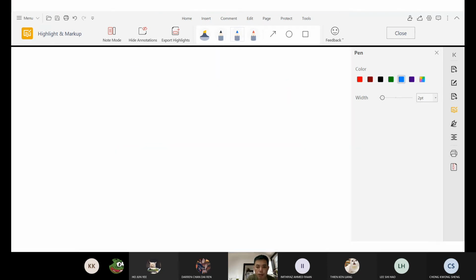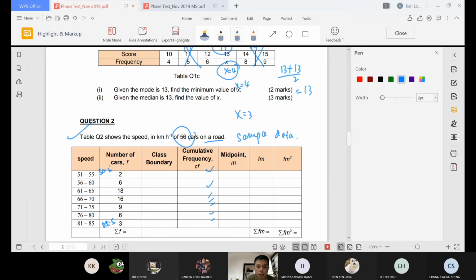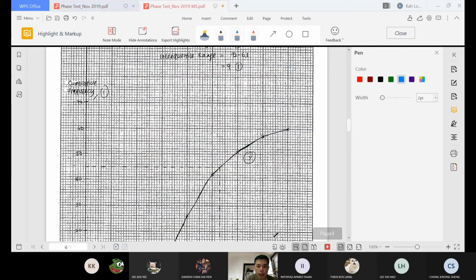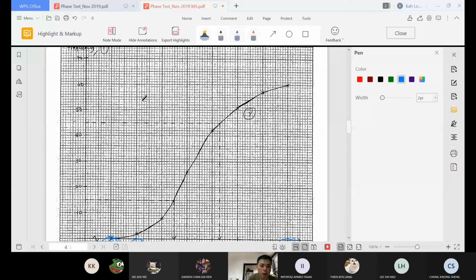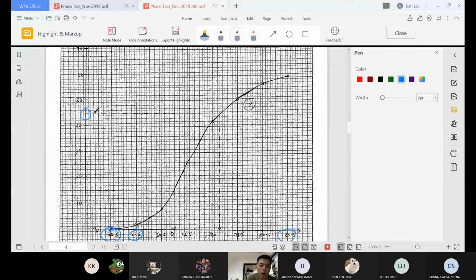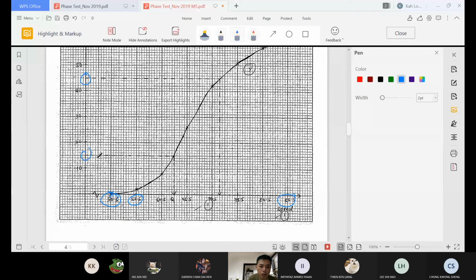I think for this question, it's not difficult. You can actually score full marks for this if you do it properly. Make sure that you draw the smooth curve, and then show me what is the upper quartile and lower quartile.